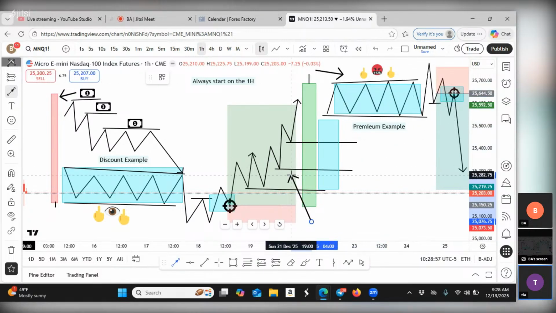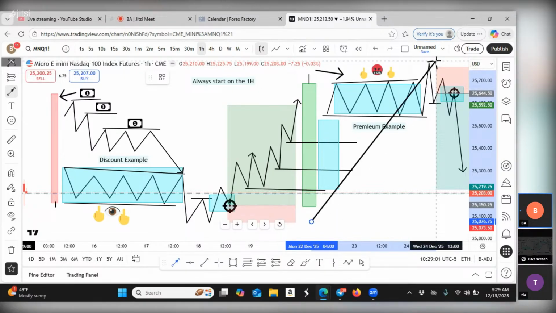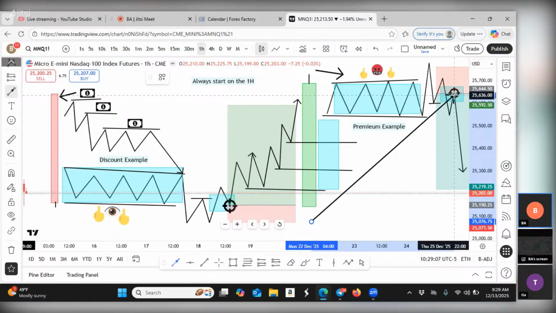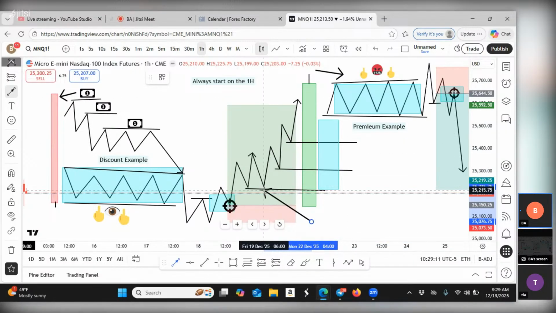So when price gets expensive, they're going to wipe out the early sellers at the top. Then they're going to take price down to a cheaper price to wipe out all the early buyers to the left that are chasing this move up. Because the name of the game is buy low and sell high.